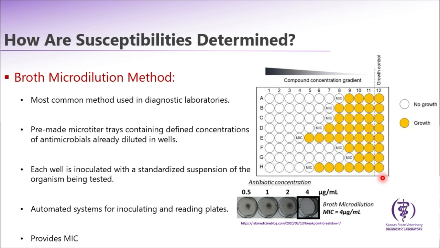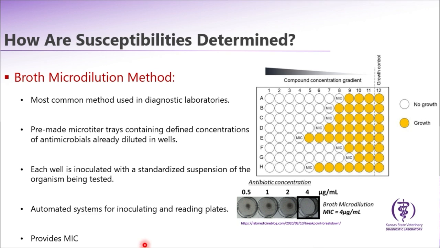Then the plate gets incubated, and the next day we read it. There are automated ways for bacterial inoculation and reading these plates, which make the process more efficient and faster.